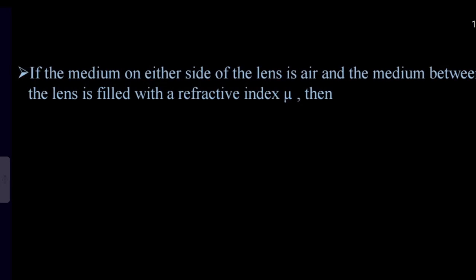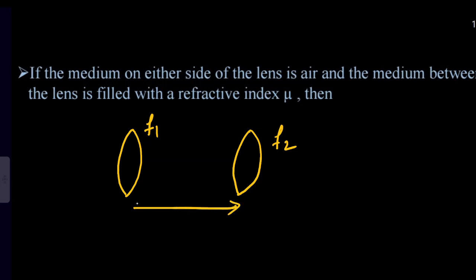And in some cases they will place the two lenses in some medium. If they place them in a medium, in those cases the equivalent focal length is as follows. This focal length is f1 and this focal length is f2, the distance between them is d, and the medium between them is mu.